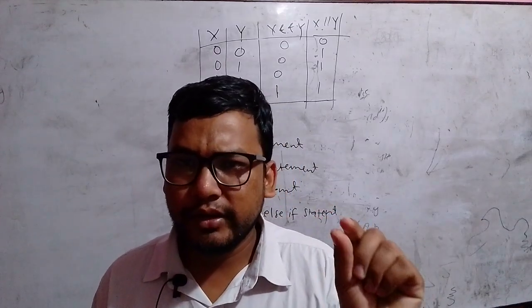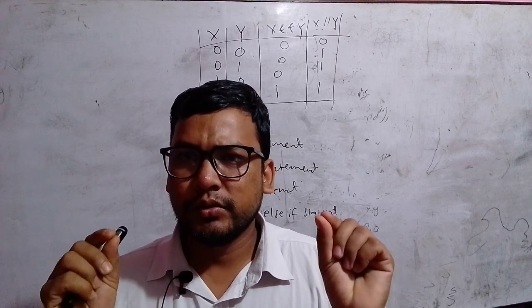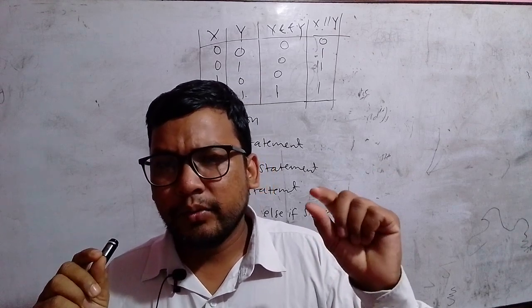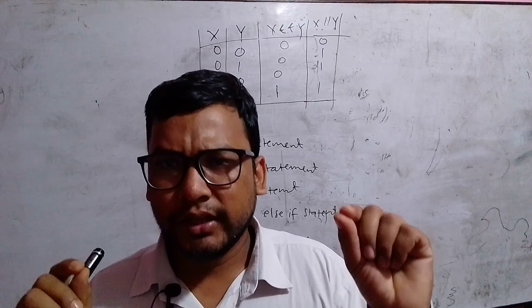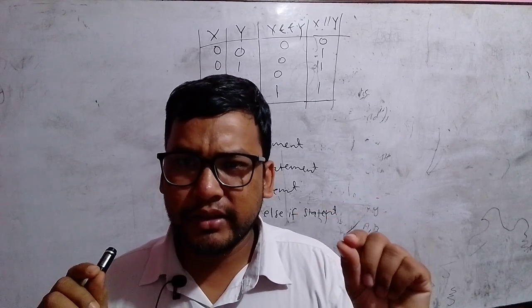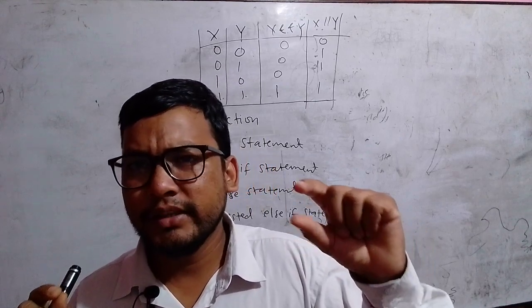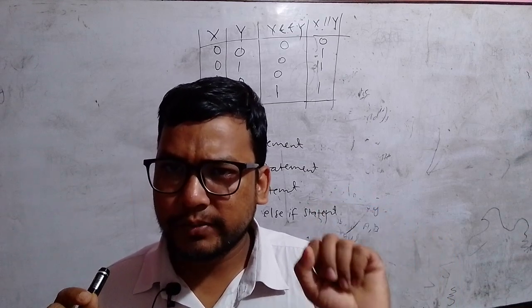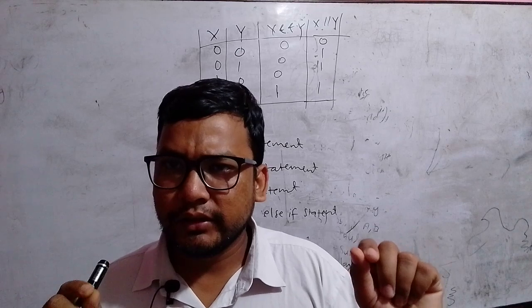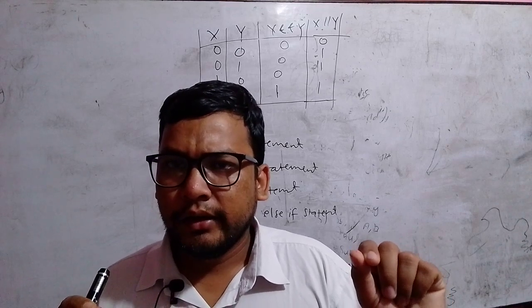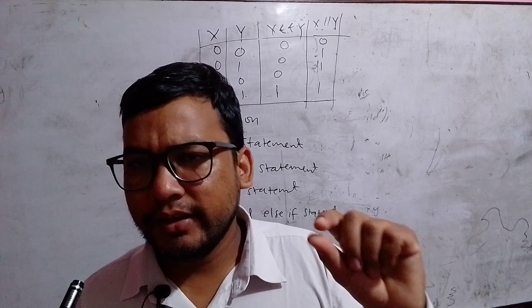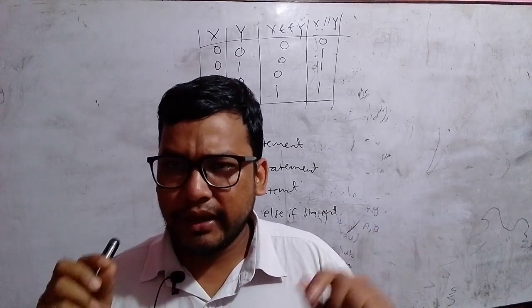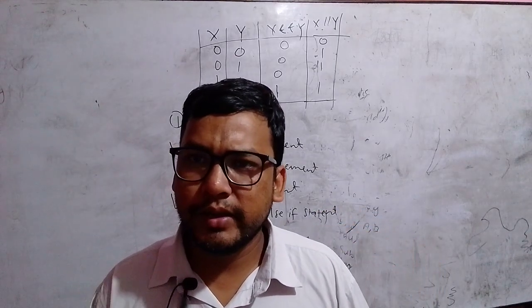There are two choices. If that condition is satisfied, then the block of the if statement will be executed. Otherwise, if the condition of the if is not satisfied and gives 0, then the block of statements of the if is skipped and the block of statements of the else will be executed.